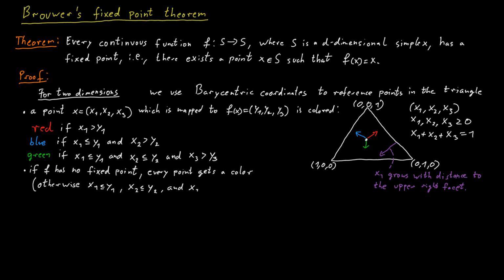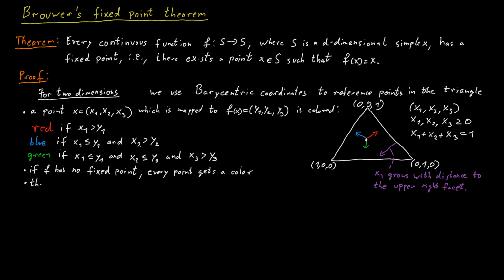And then also x3 is less or equal y3, otherwise it would be colored green. But we also know that the three coordinates have to sum up to 1. And so the only possibility now is that x1 is actually equal to y1, and x2 is equal to y2, and x3 is equal to y3. And that means this particular x would be a fixed point. So if we don't have a fixed point, then every point receives a color if we follow those rules.